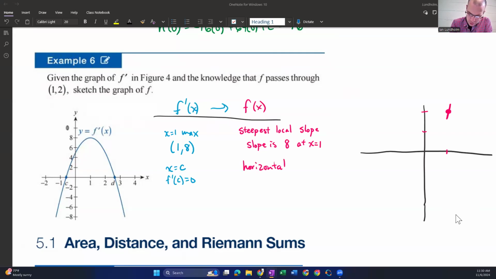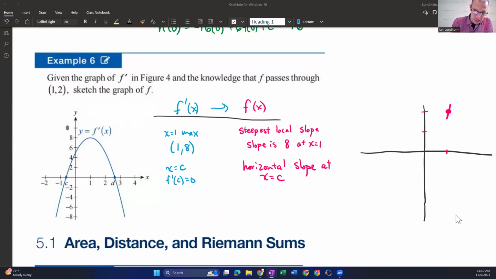Horizontal slope at C. Okay, that's good. And same with x equals D.